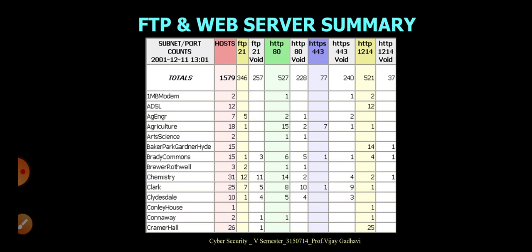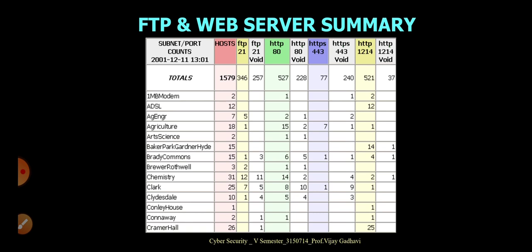Here we see that there are so many categories and the information is organized port-wise. In the totals we can see modem, ADSL, agriculture, art science, and so many categories, and we can pass the information for particular ports from one system to another.